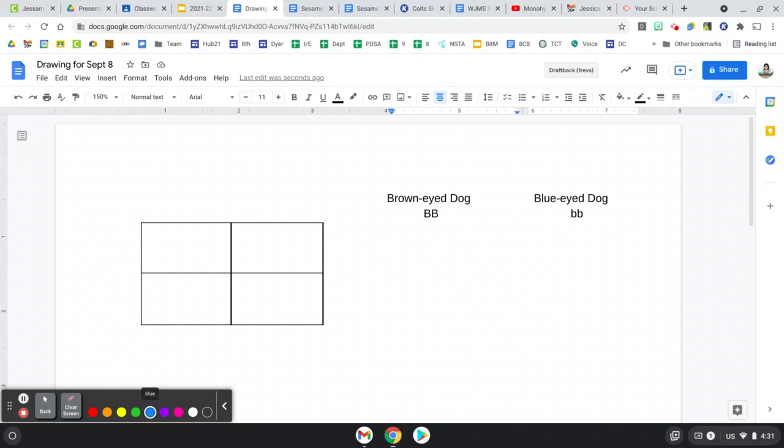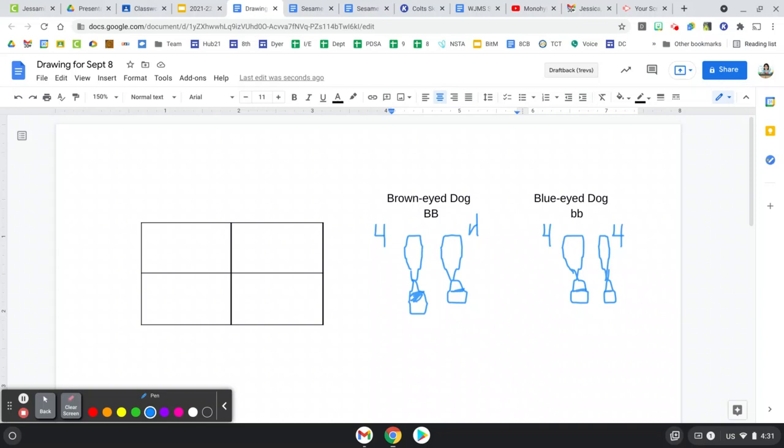When we do that, we're going to use the information that we know about these dogs, and that is that we've got chromosomes for each of them. And we're going to say that this is chromosome 4 for the dogs. So on chromosome 4, there's going to be a place on that chromosome where there is a gene that codes for eye color.